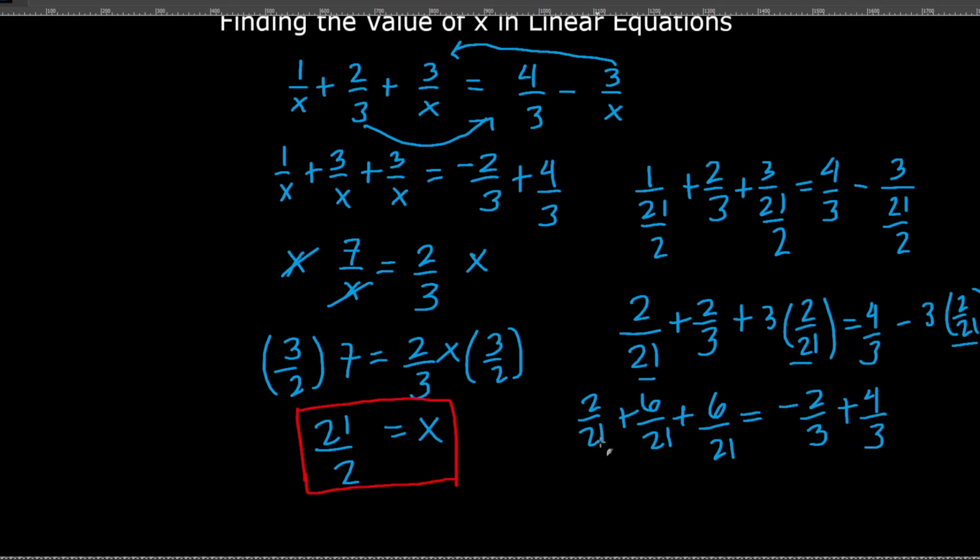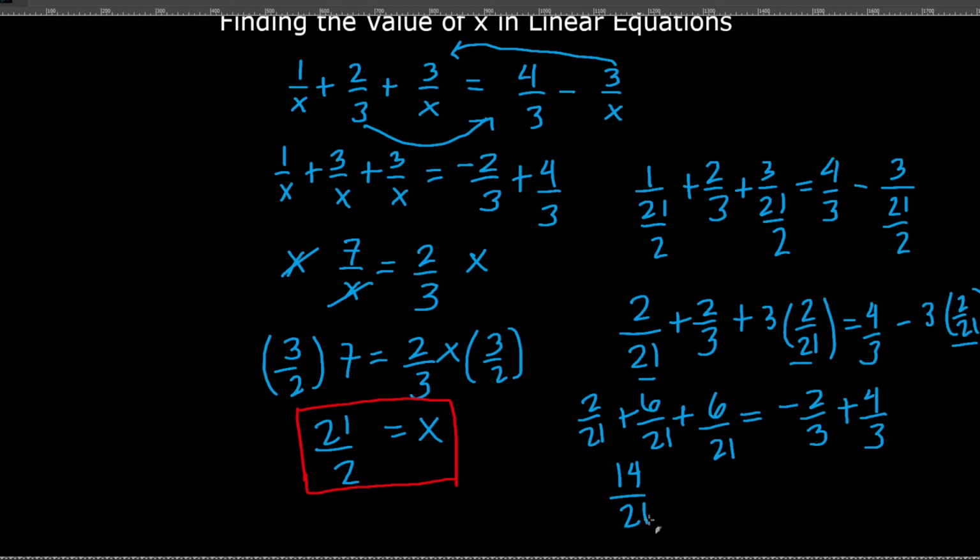Now, dapat, pag pinag-add natin to, at saka, ito naman, dapat same yung result. 6 plus 6 is 12, and then plus 2 is 14. Ang denominator is 21 since pare-pareho lang din sila. Okay. So, actually, pwede pa natin tong ma-reduce into a lower term or lowest term.